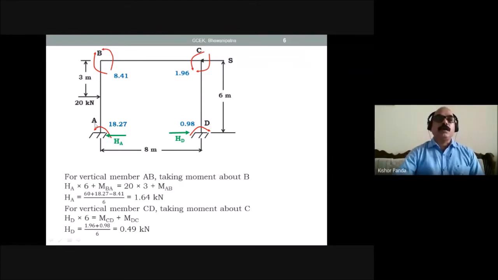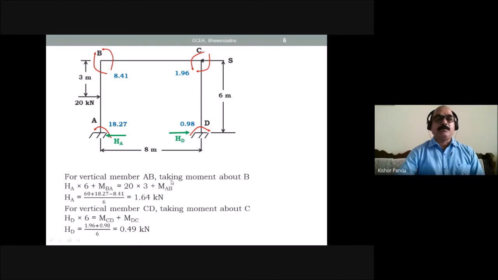Because you have to analyze, you have to take the AB vertical member and the CD vertical member individually, and find out the base reactions HA and HD. So you have to take the moment about joint B. In the vertical member, two moments are acting, and this is the horizontal reaction, and this is the lateral force acting on the vertical member.